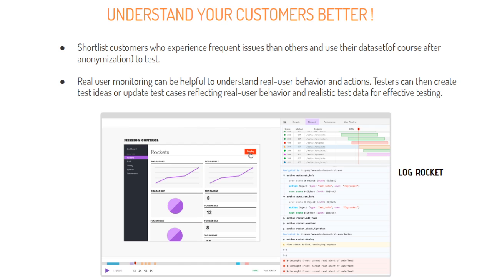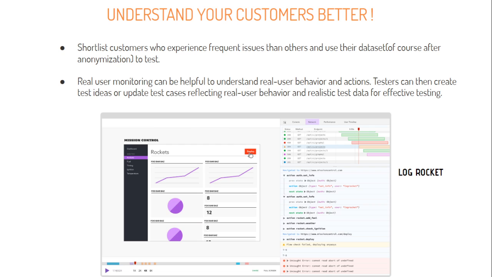It's not just enough if you have customer-like data. It's also important to understand the actions that your customers take. One step you can take is to shortlist some customers who frequently have issues and monitor their issues. You can understand their behavior and find out where the issues are coming from.